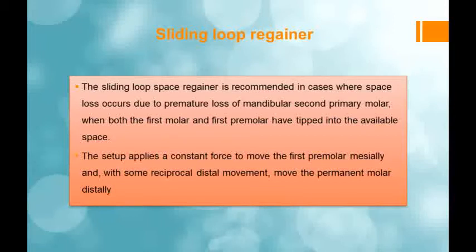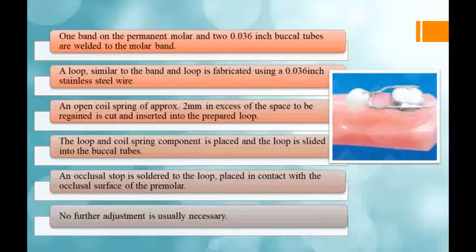the permanent molar distally. For fabrication of this appliance, one band on the permanent molar and two 0.036-inch buccal tubes are welded on the molar band, and a loop similar to the Bandel loop is fabricated with stainless steel wire.